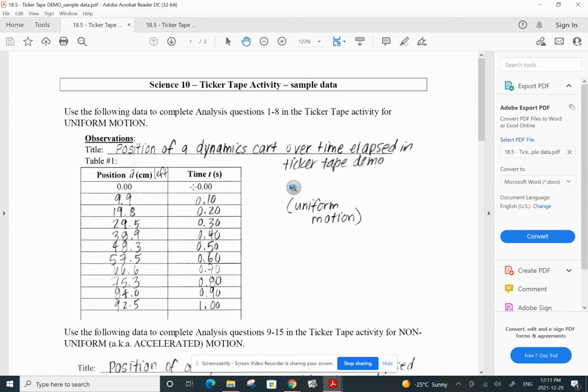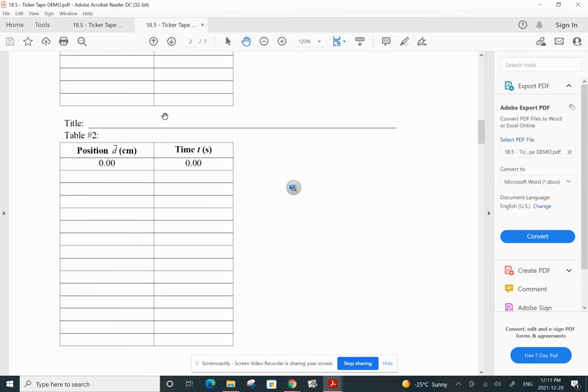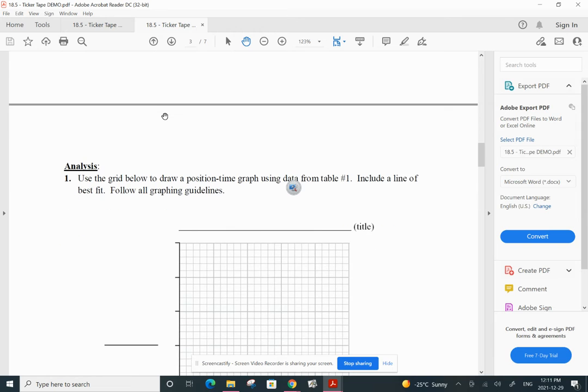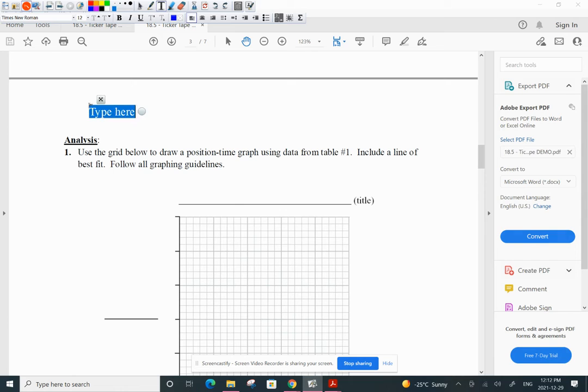The little spark timer, each 0.1 seconds, puts a dot on the piece of paper. So you use the table 1 information to do your ticker tape. You don't have to rewrite it out here. It's given for you. So use the information in table 1 to do these analysis questions, numbers 1 through 3.